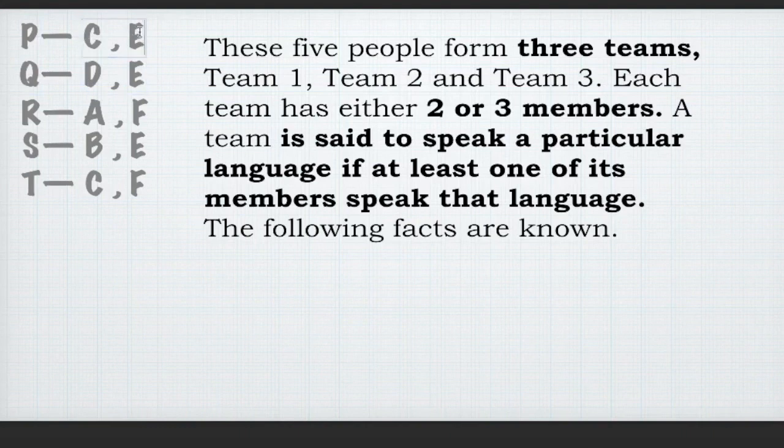So the team can speak Chinese, Dutch or English, because the rule said a team is said to speak a particular language if at least one of its members speaks that language. So if a member can speak that language, the team can speak that language. Great. Again, not a very challenging piece of information.